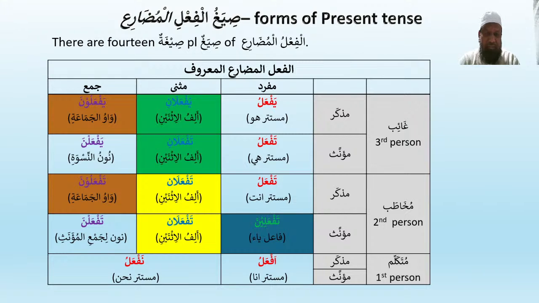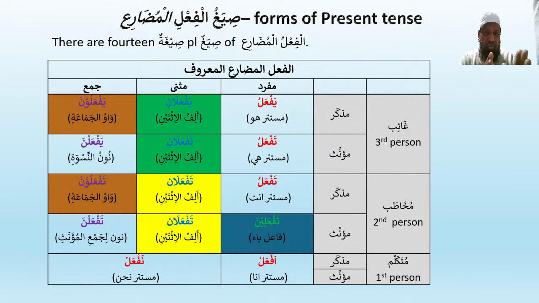So in these 5 sigas, if the noon is there, then it will be in marfu case. If the noon is not there, the noon is not visible, the noon is deleted, then these 5 sigas will not be in marfu case. It will be either in mansub case or in majzoom case. So look at that later when we do it.